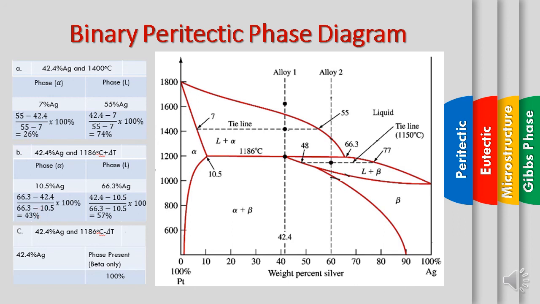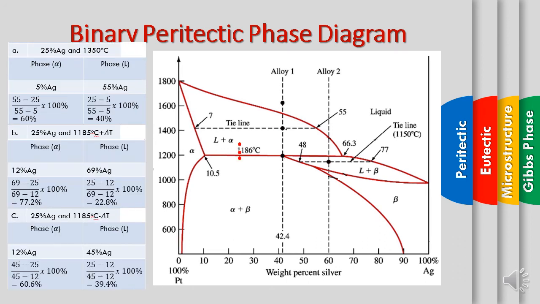Okay, maybe we can look at a different point. So at the line of 25 Ag in this red line, we will also discuss three points, which are at 1350 degrees Celsius here, and also the points a little bit higher than 1186 and a little bit lower than 1186.